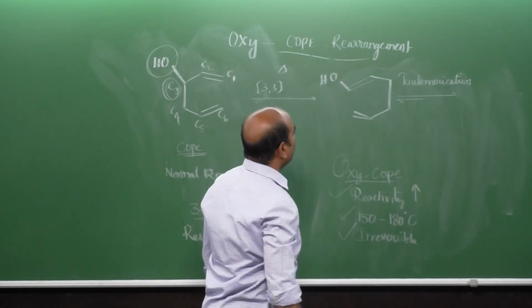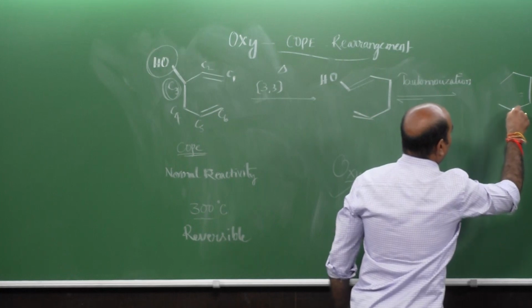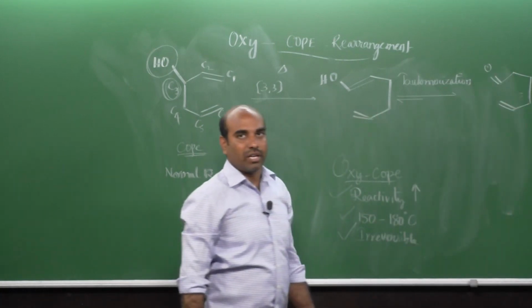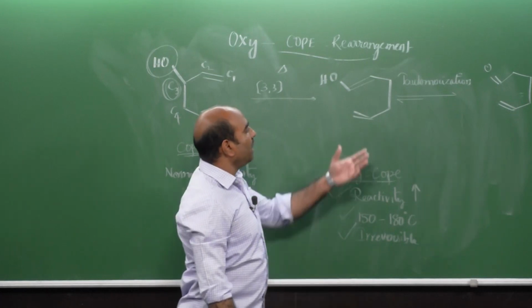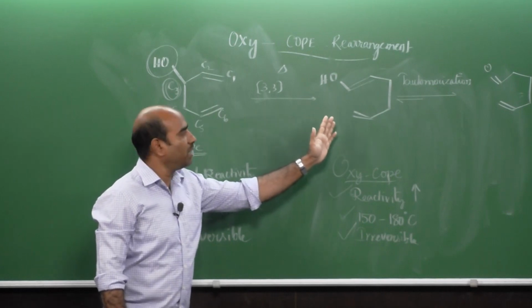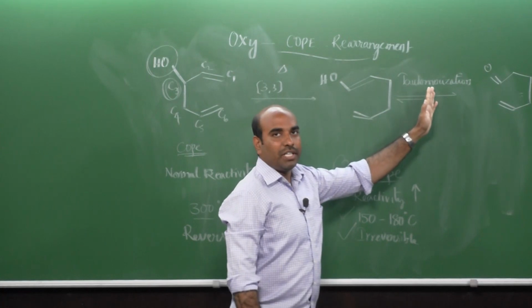Meaning, it can convert into a carbonyl compound. The product formed after the 3,3 sigmatropic rearrangement has the ability to tautomerize.